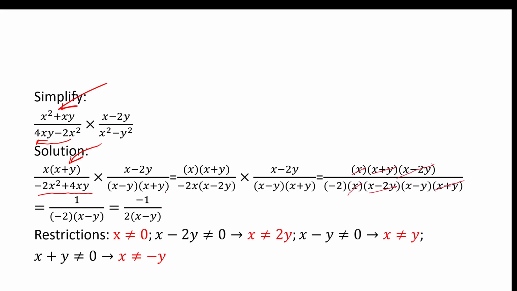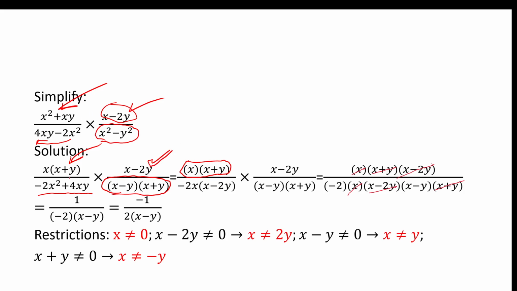It's not necessary, but that was a preference to do here. In the second denominator, we see an opportunity to use difference of squares factoring. There's no possibility of factoring that second numerator. It's x minus 2y, so it remains x minus 2y.